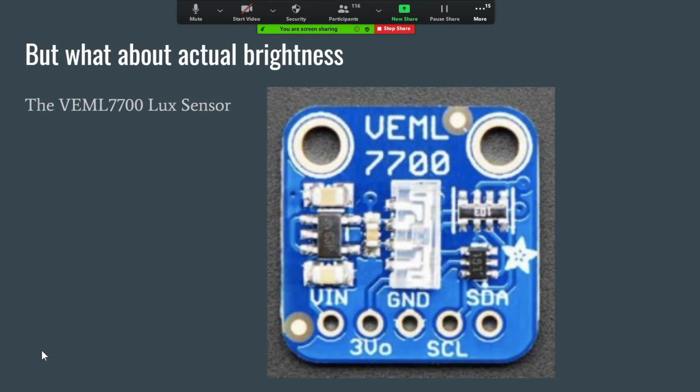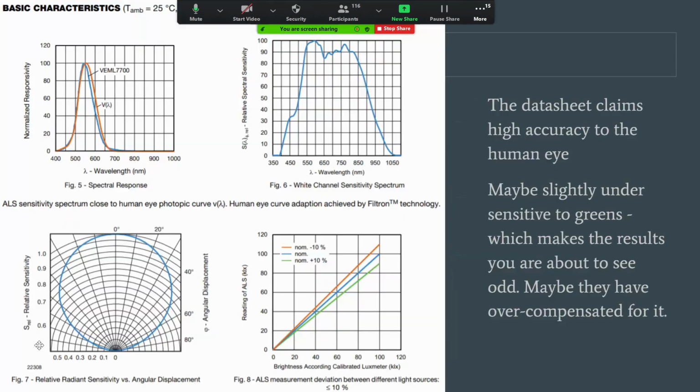Now, one of the risks with any test like this is the responsiveness of the sensor compared to the human eye. The datasheet claims that it's extremely accurate. If anything, it suggests here that it's somewhat undersensitive to the green lights, the green's down here, and oversensitive to the red.